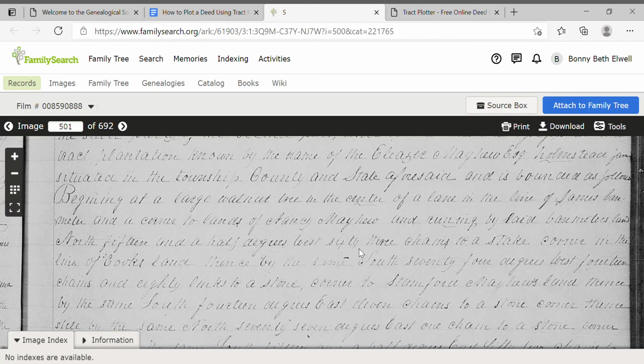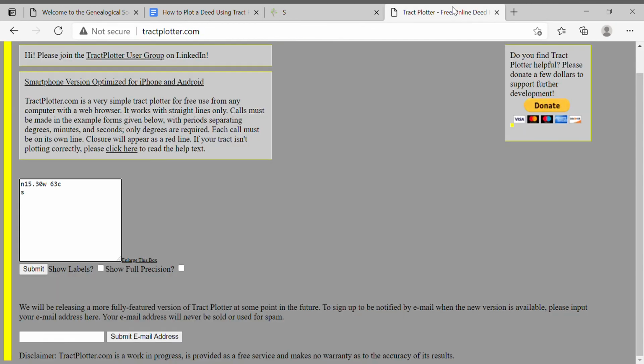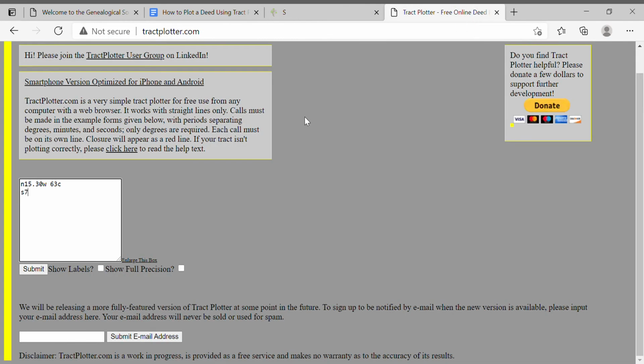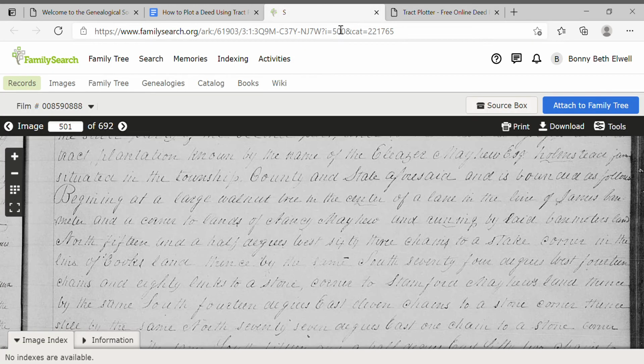So there we were, 63 chains to a stake corner, the line of Cooksland. Thence, there's our clue for the next call. Thence by the same, south 74 degrees west. So we have our direction, south. We're going to go here and type in S for south. Our degrees, 74 degrees, so we're going to type in 74. West is our bearing, so south 74 degrees west.